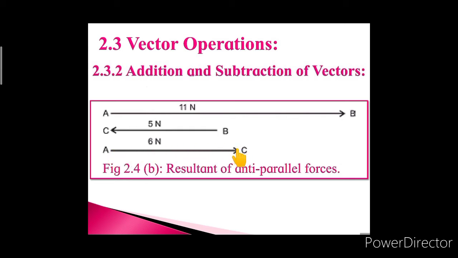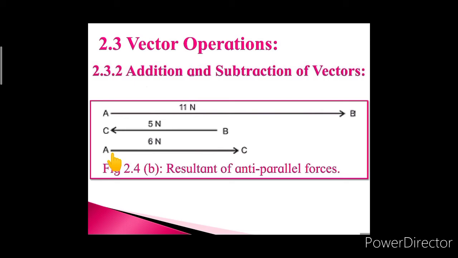About the magnitude, the magnitude of vector AB is taken as 11 Newton, but due to the opposite direction of vector BC, we take its magnitude as minus 5 Newton. Hence the addition, 11 Newton plus minus 5 Newton, gives 6 Newton.